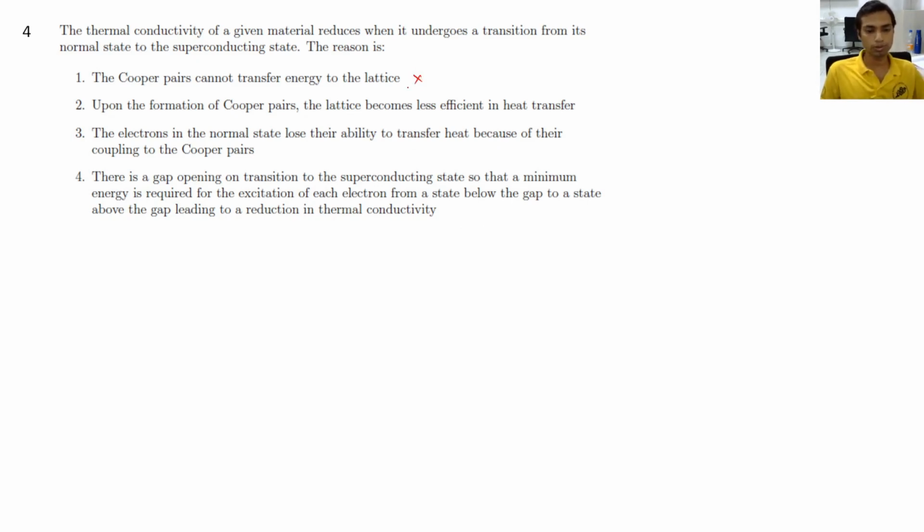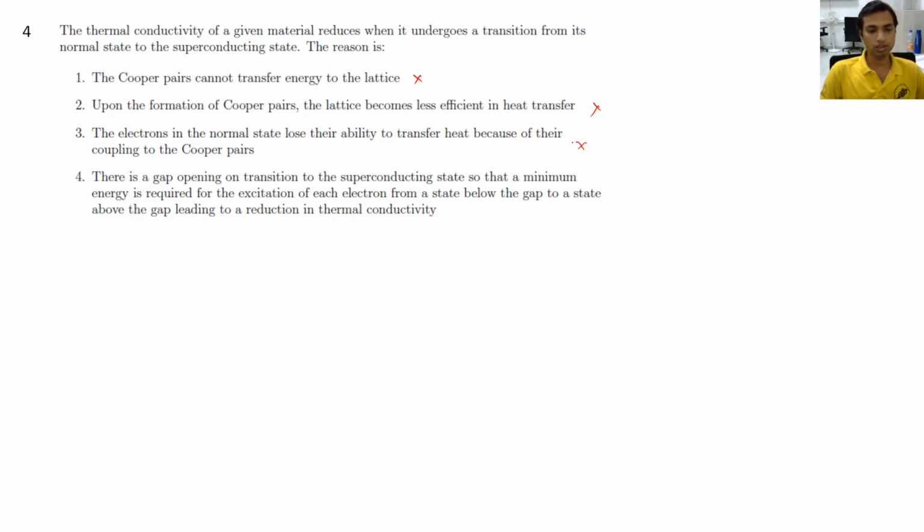Upon the formation of Cooper pairs, the lattice becomes less efficient in heat transfer. So this statement is also not true. The electrons in the normal state lose their ability to transfer heat because of their coupling to the Cooper pairs. So this is again not true. The electrons will not lose their ability to transfer heat.